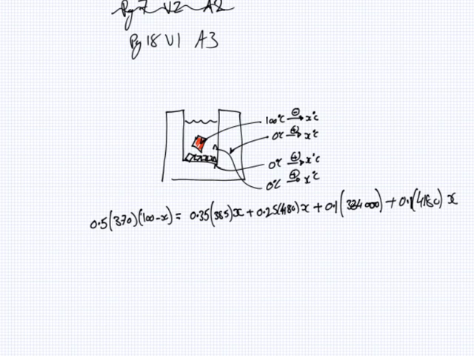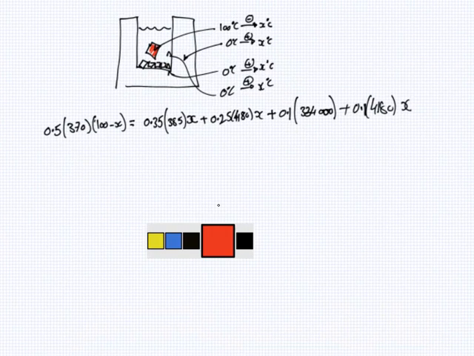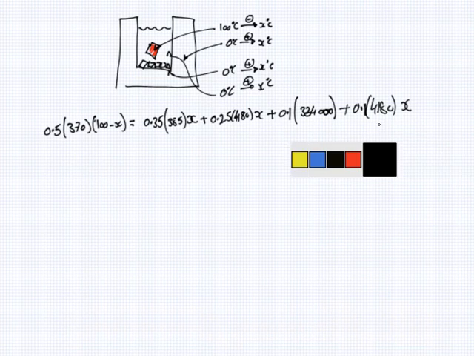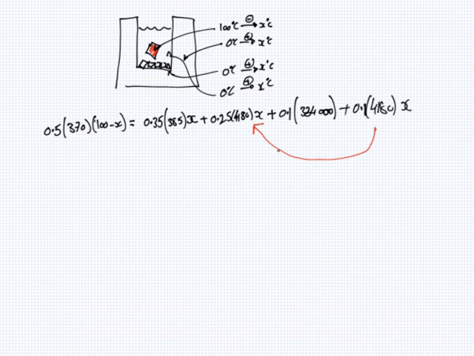This question is painful because it's just a big equation to solve. Now, can we do any work to simplify this? I can add this onto this. And I can also add it onto this. So I can put those three together.